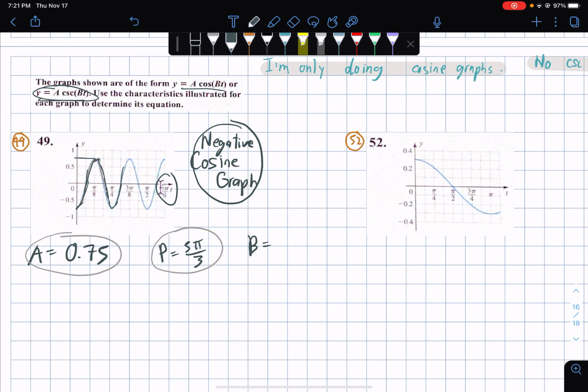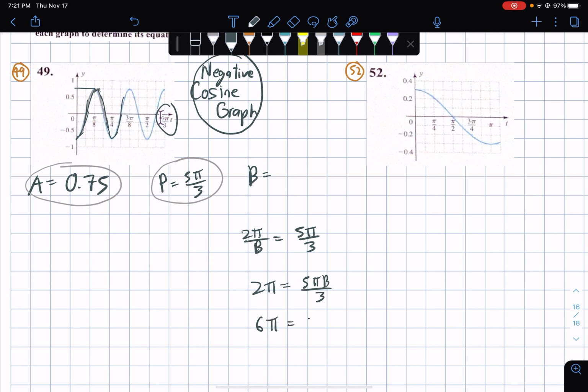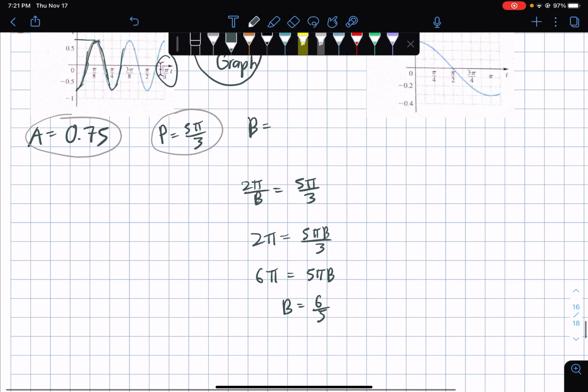Therefore, with that in mind, if we want to look for b, because p is 2 pi over b, and right now p is 5 pi over 3, let's solve for b. So I think b is, oh wait, I'm sorry, let me retry that.